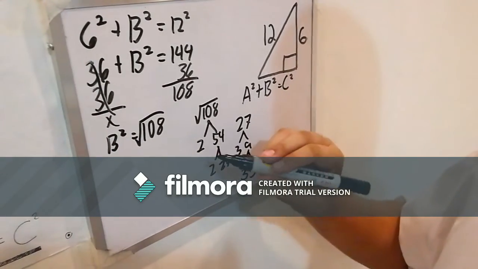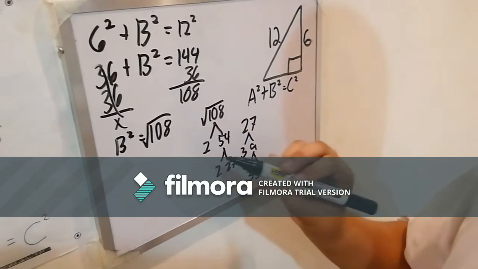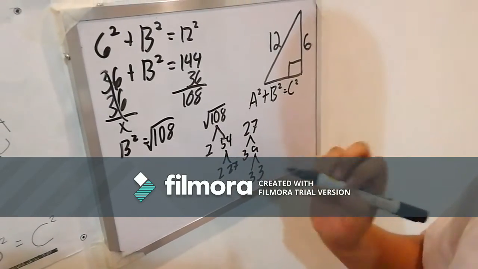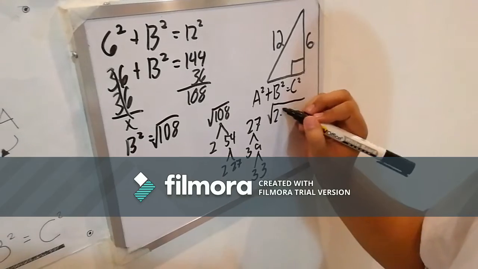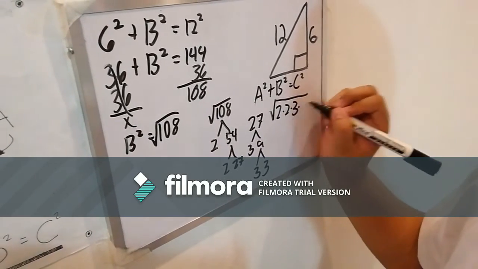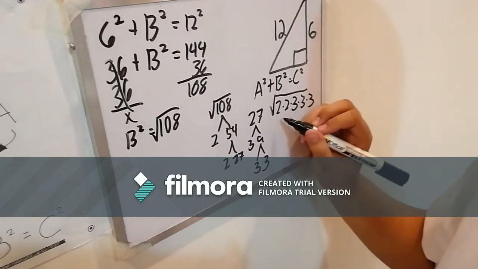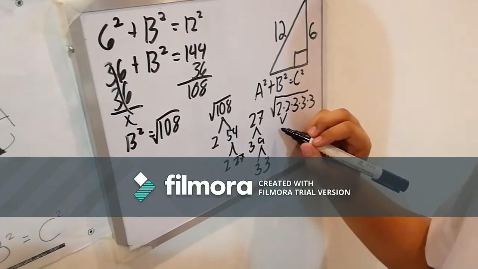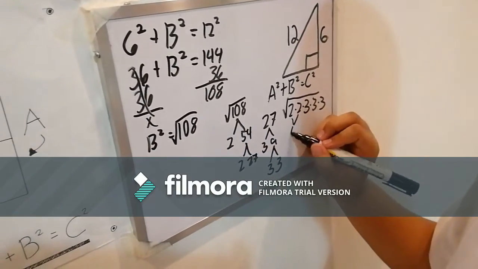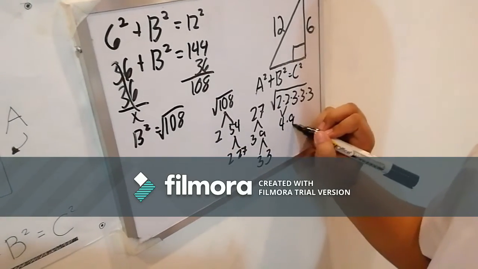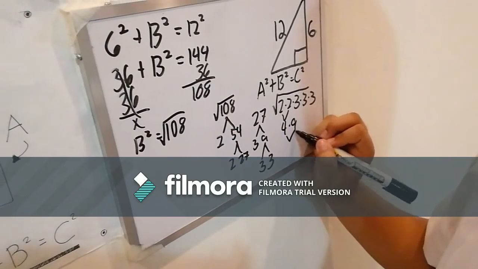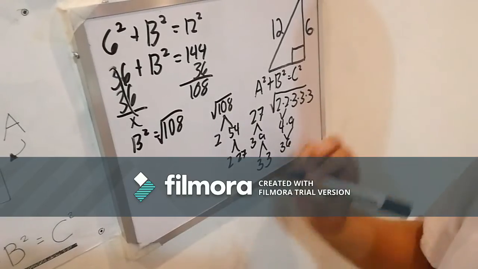Then we put 2, 2, 2, and 3, 3, 3. We do the square root again: 2 times 2 times 3 times 3 times 3. Then we multiply the two 2s and the answer is 4. Then the two 3s, which is 9. Then we multiply 4 and 9, which is 36.